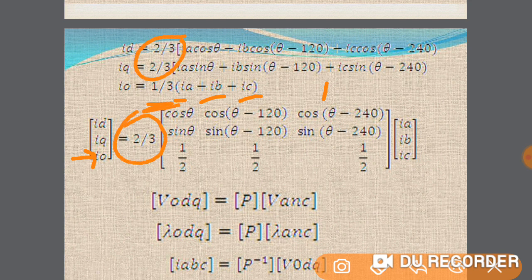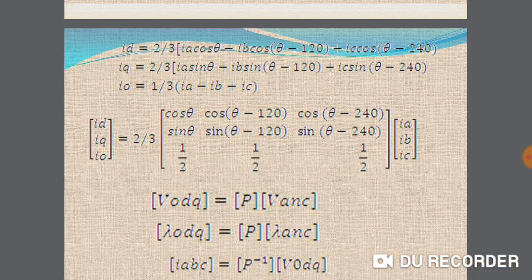Here 2 by 3 was taken outside as a constant, but here we have 1 by 3. So to adjust it as a multiplicand, we take the coefficients of 1 by 2, so that this 1 by 2 when multiplied by 2 by 3 gives the coefficient of 1 by 3. Clear? And the coefficients IA, IB, IC from each of the three equations we take as the second multiplicand. So we have written it in matrix form.